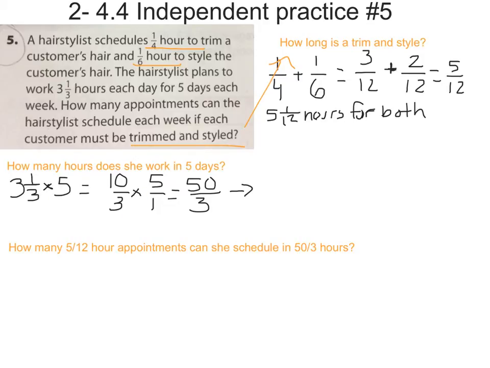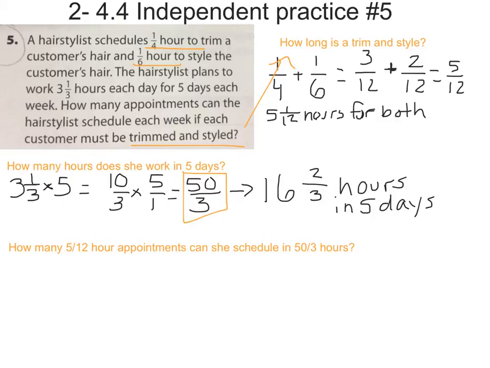And if I wanted to, I could put this into a mixed number, which is 16 2/3 hours in 5 days. Now, I have a feeling I'm going to be using this information again, so I might actually want to save 50/3 since I'm probably going to be using it again, and I know that I might want to be using an improper fraction instead of a mixed number.